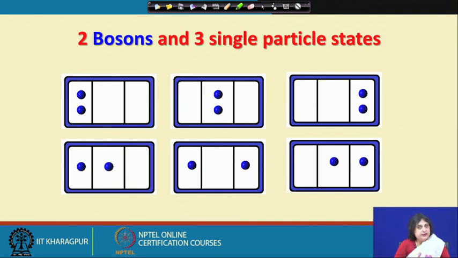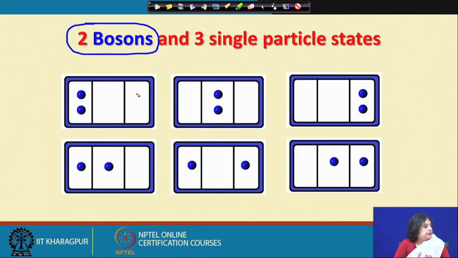What I have is this given box which corresponds to a constant energy of that single particle state, and this single particle state is triply degenerate, which means there are 3 compartments which are equivalent to each other, and we are required to distribute 2 bosons in these 3 compartments.